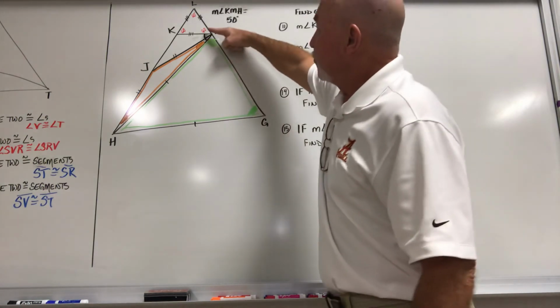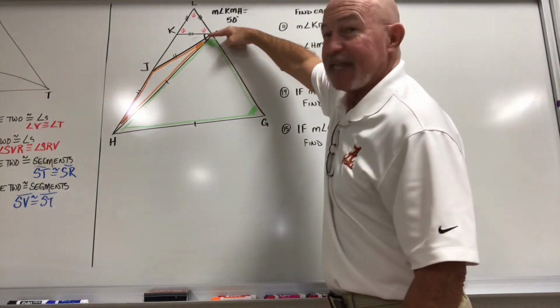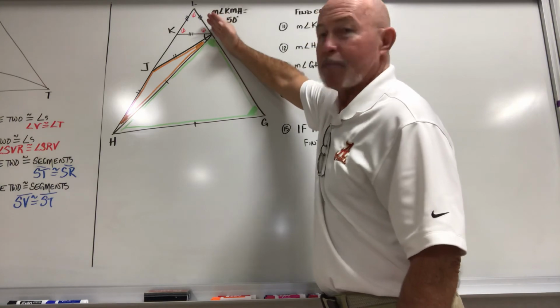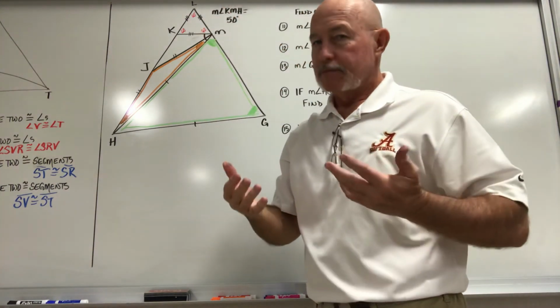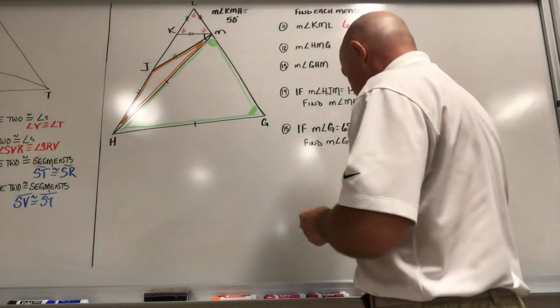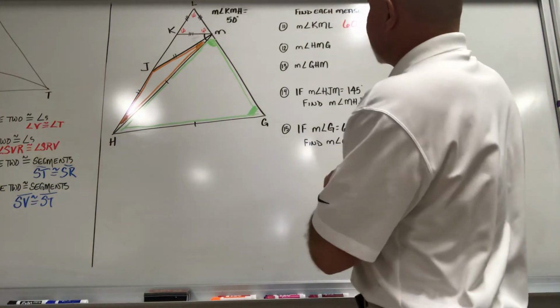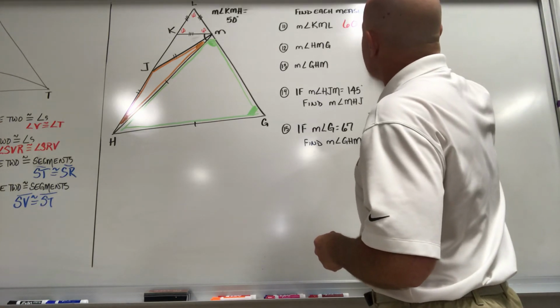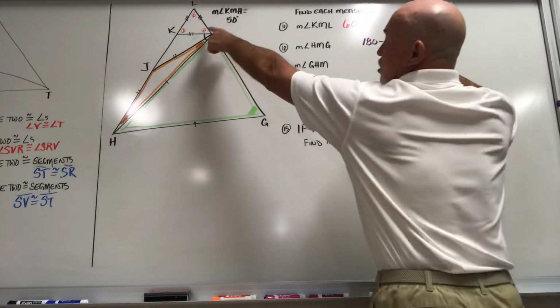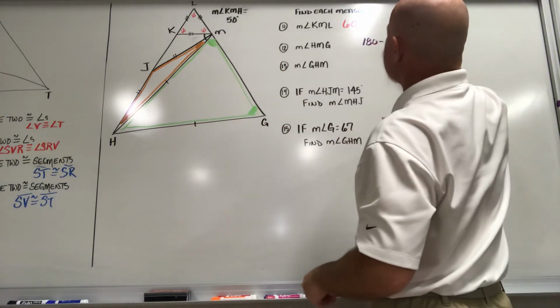Well, if that's 60 degrees and that's 50 degrees, remember, those three have to add up to 180. So 60 plus 50 is 110.